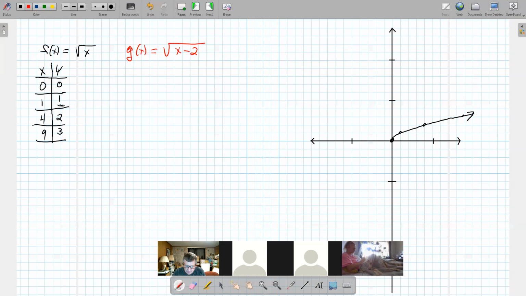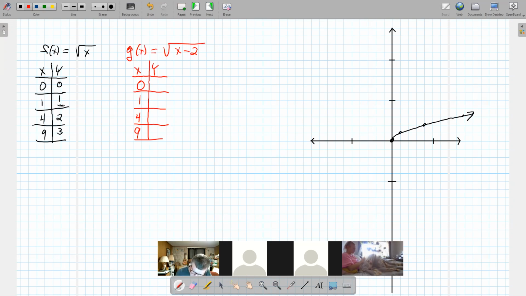Now, my goal is to get nice output numbers. Let me show you what'll happen if I just use the same inputs. So let's just go with the same inputs for starters.